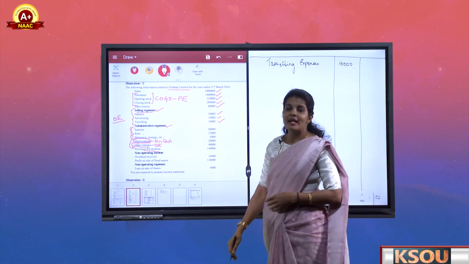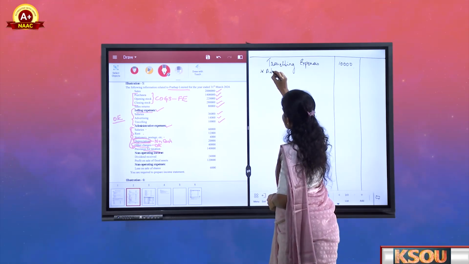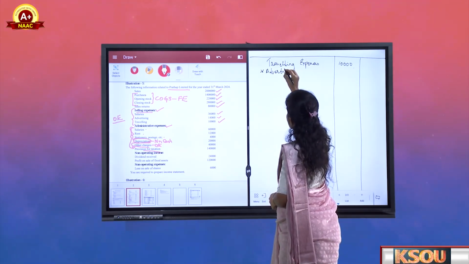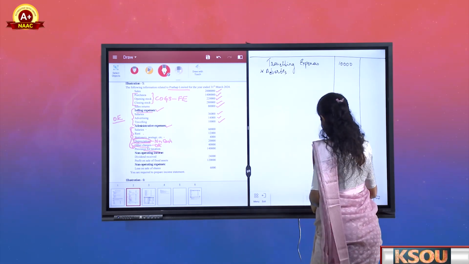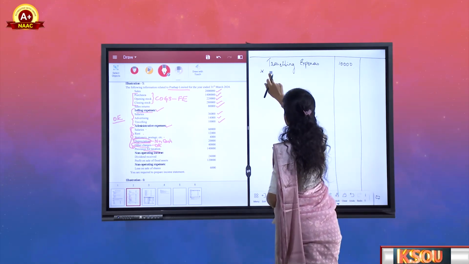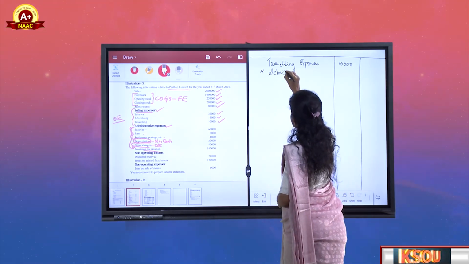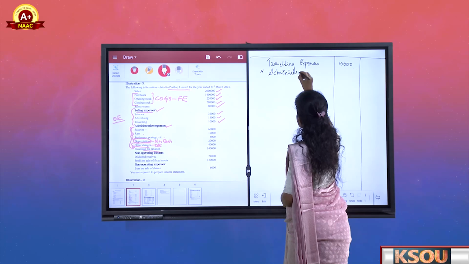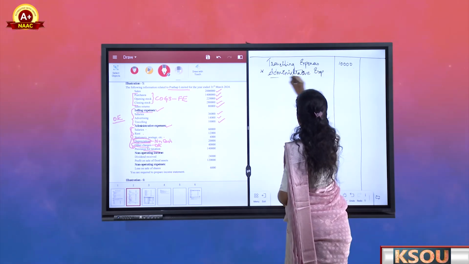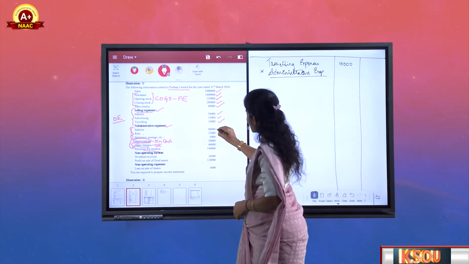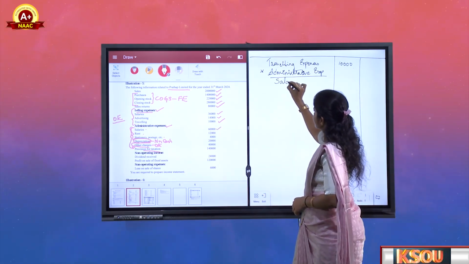Next, we also have administrative expenses. Let us take that. Administrative expenses, continue with the same. This is not advertising, sorry, administrative expenses. Under administrative expenses, we have salaries, 60,000.